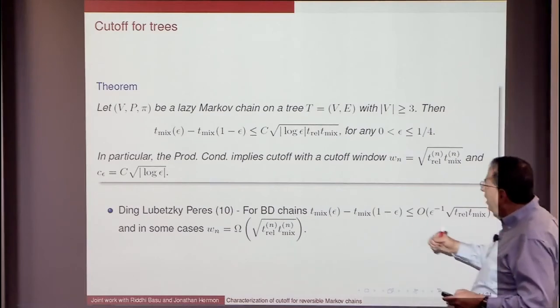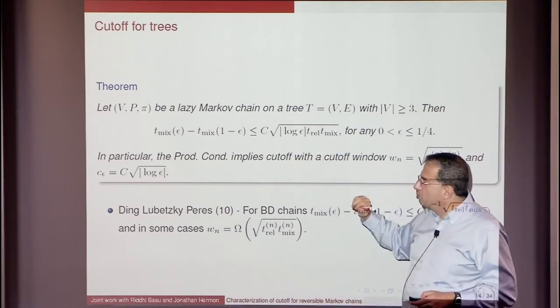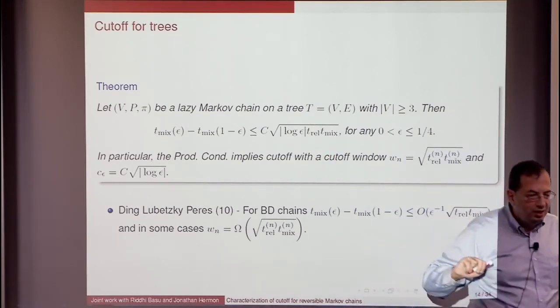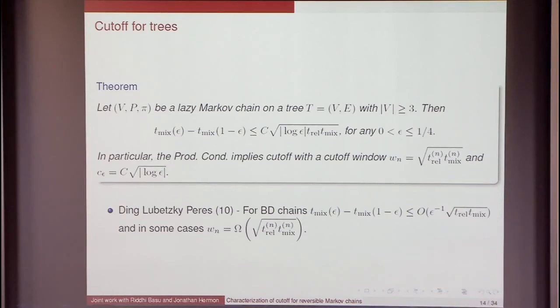But let me say again, you can ask, is this term sharp, this geometric mean? And yes, already for birth and death chains, there are examples where you need the geometric mean. In most examples, like in the hypercube, the window is just the relaxation time. In most examples, the relaxation time will do, but not all. Even for birth and death chains, we have examples where the window is this geometric mean.